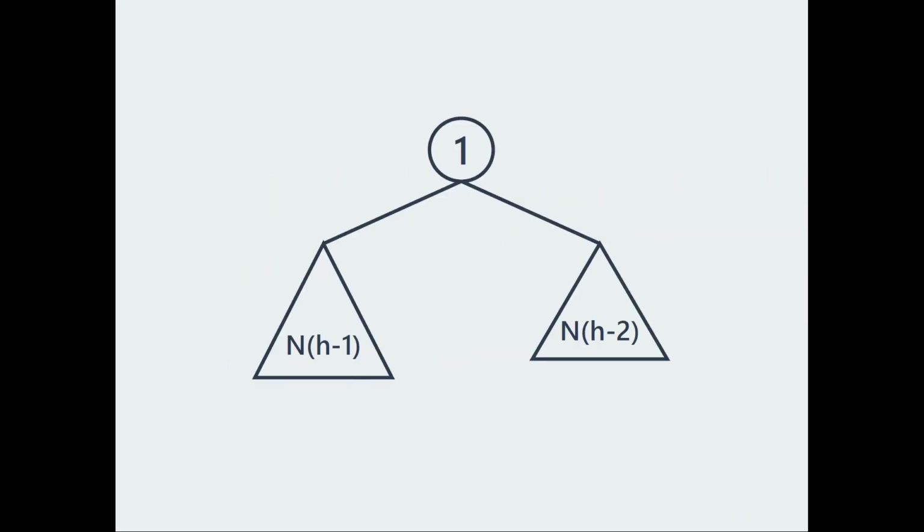To illustrate, the minimum number of nodes is 1, which is the root, plus the minimum number of nodes for the left subtree, this one here, and the right subtree. And as you can see, one subtree has a lower height, h minus 2, because we are allowed to have a difference of 1 in AVL trees.